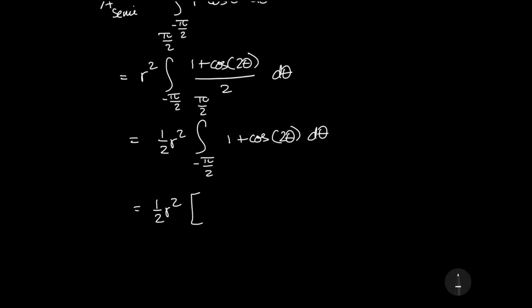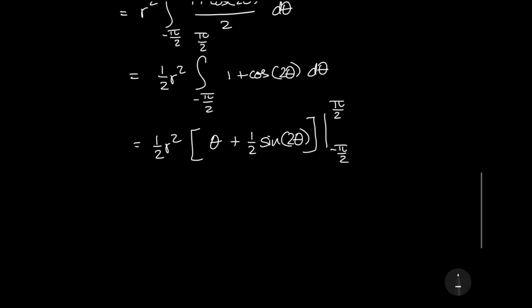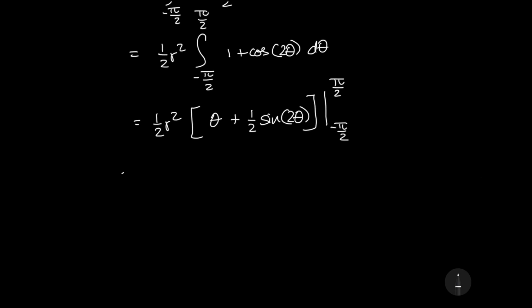The antiderivative of 1 is just theta, and the antiderivative of cosine 2 theta is 1/2 times the sine of 2 theta. And then we need to evaluate this from negative pi over 2 to pi over 2, like that.